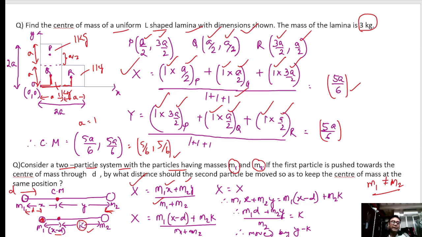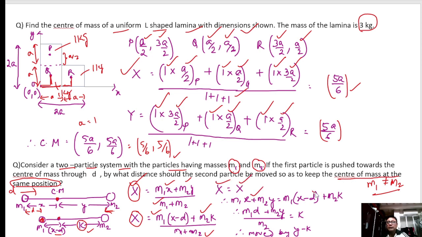So let us find the x coordinate of the center of mass. It will be (m1(x minus d) + m2k) / (m1 + m2), and they are telling us the center of mass is at the same position. That means whatever was the x before, the x after is the same.